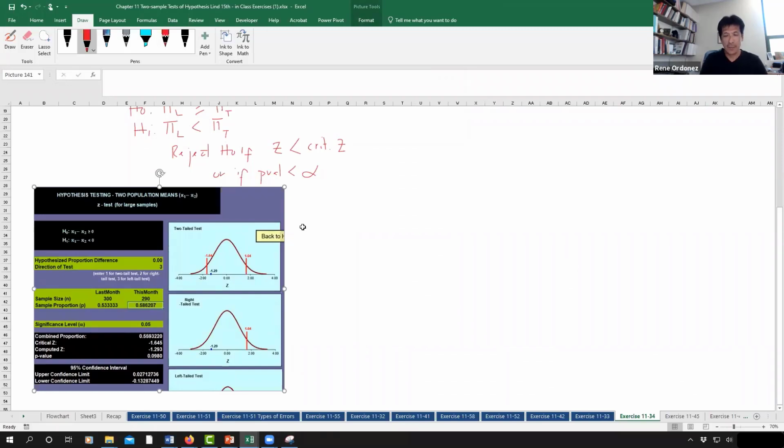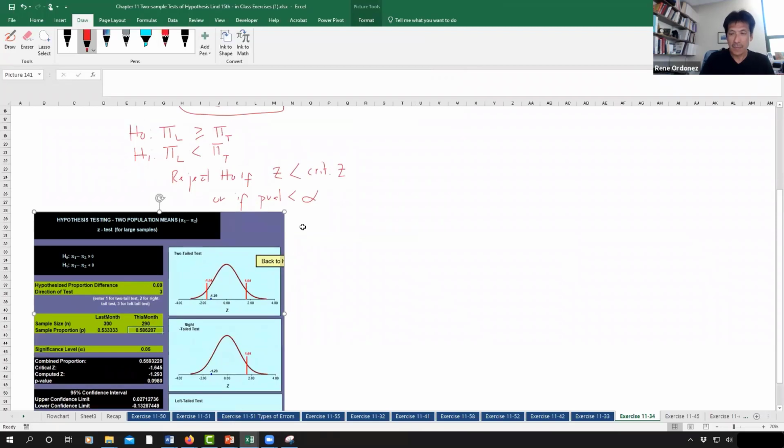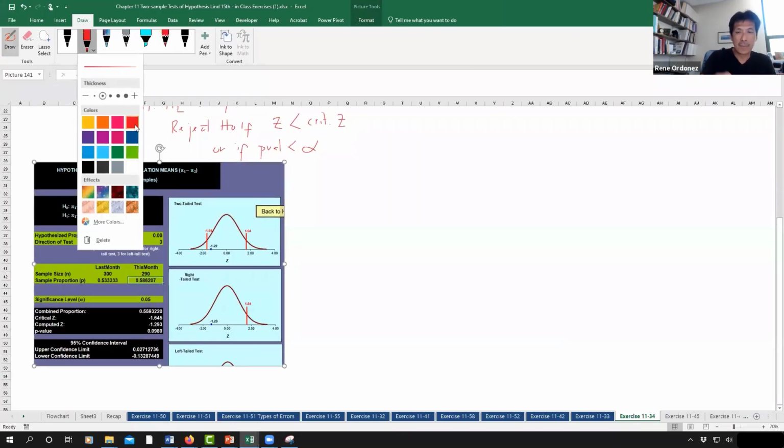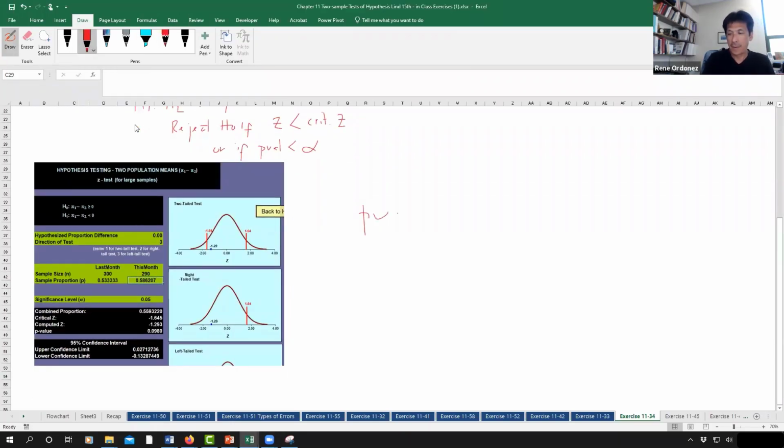Okay, so the p-value is 0.098. Alpha is 0.05. So based on this, we will once again fail to reject the null hypothesis.